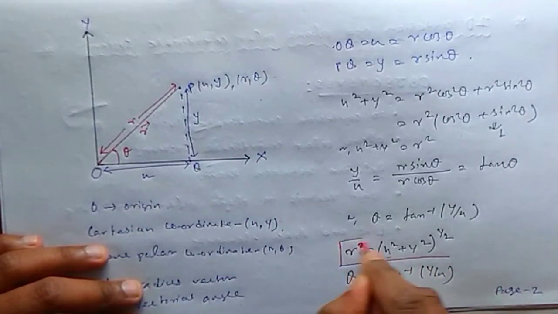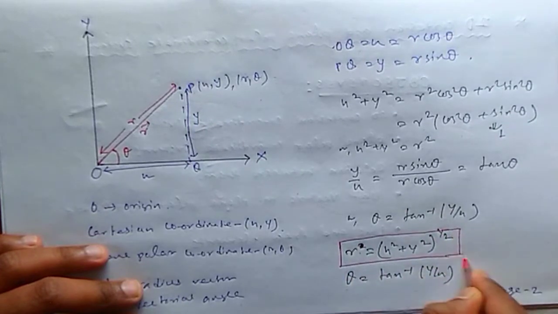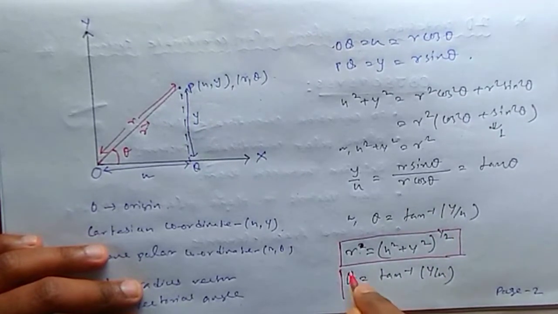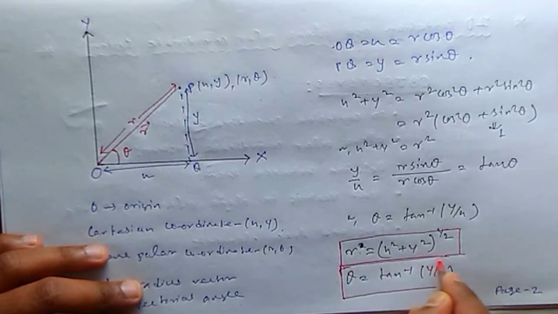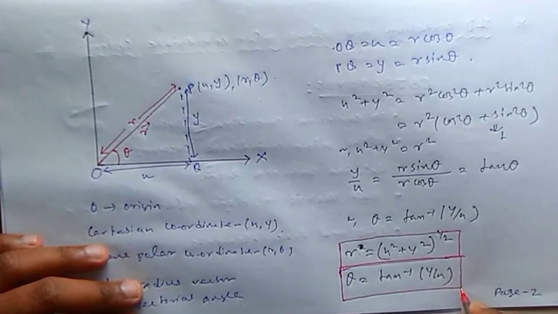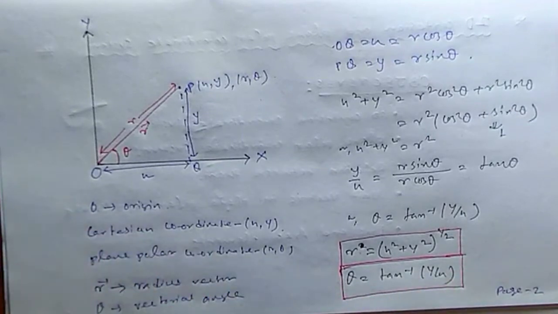These two equations represent the relation between Cartesian coordinate x, y and plane polar coordinate r, theta.